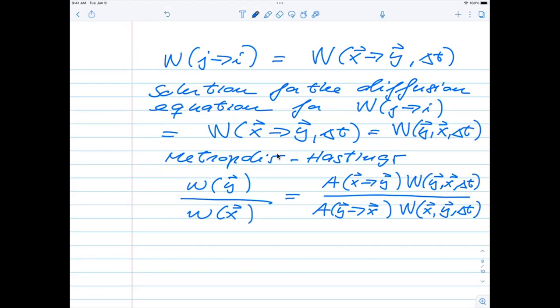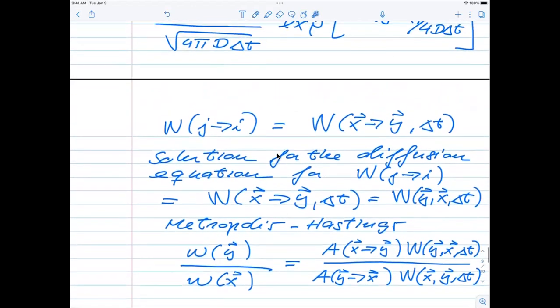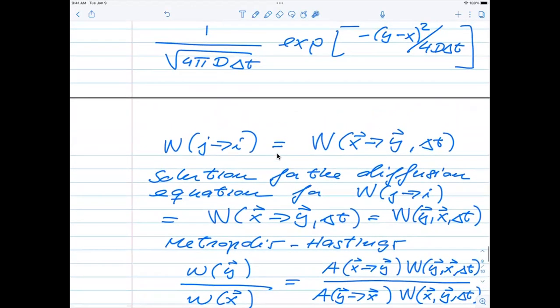Now, if you look at this equation here, and if you look carefully at this term here, and then you go back to the expression for the term, which is given by this equation here. So we can actually solve the diffusion equation analytically for these type of distributions.